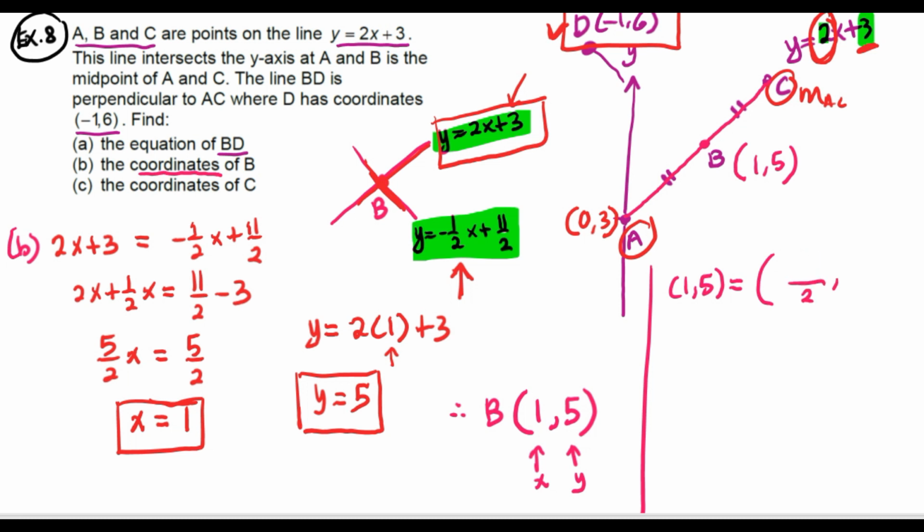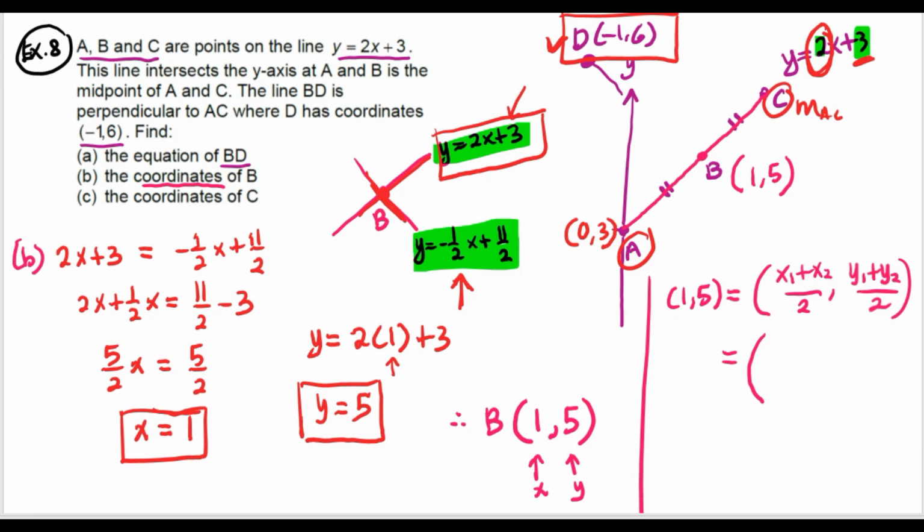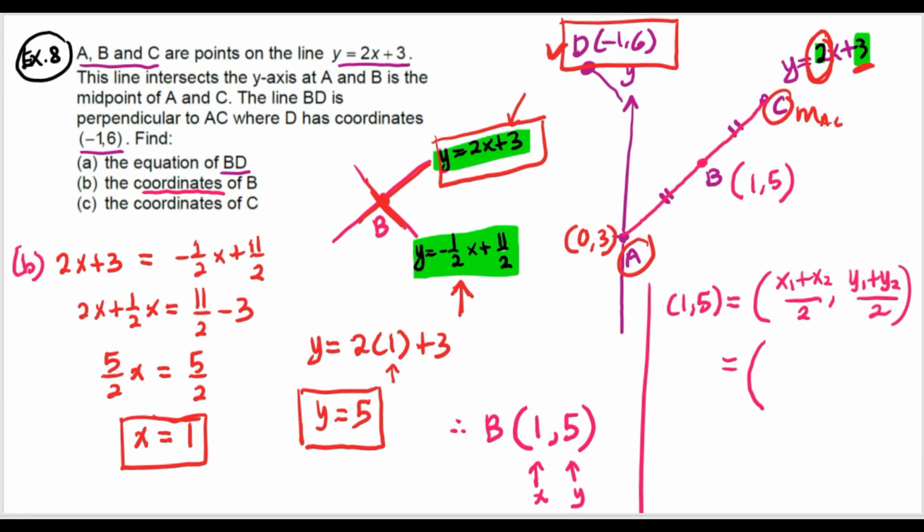So x1 is 0, so 0 plus x divided by 2, comma, 3 plus y divided by 2. So this is the equation of the midpoint.